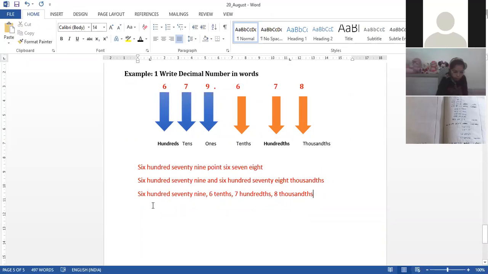Third way, 679 comma, 6 is in the tenths place, 7 in the hundredths place, and 8 in the thousandths place.